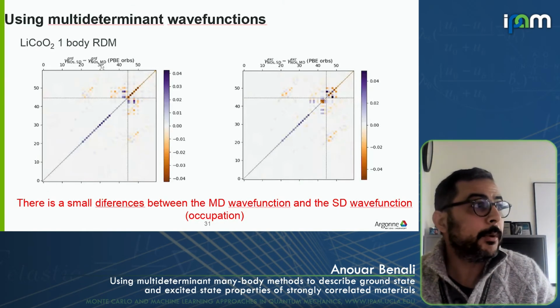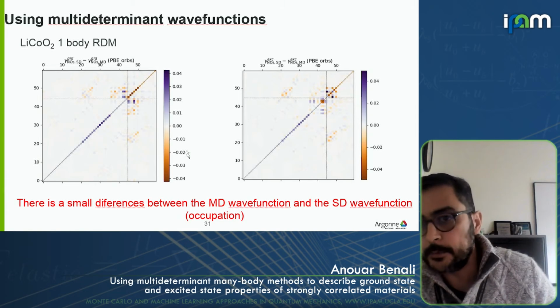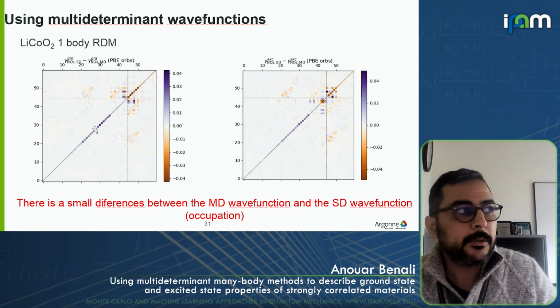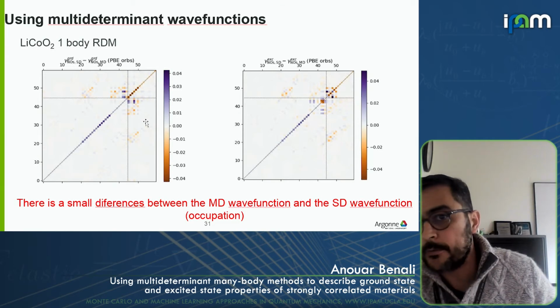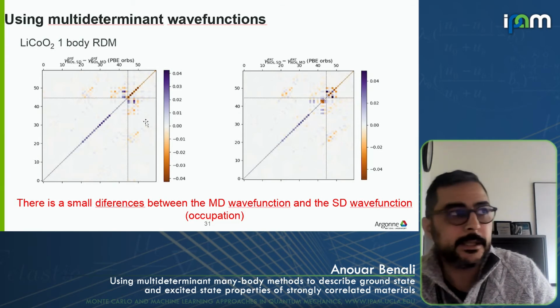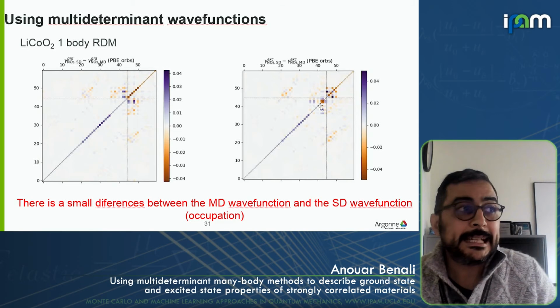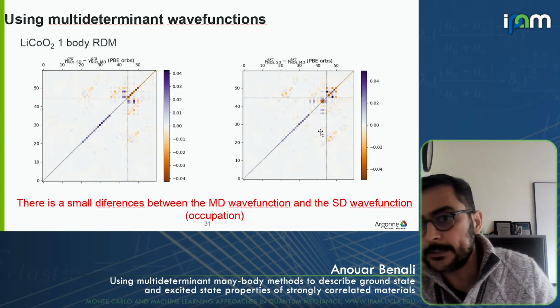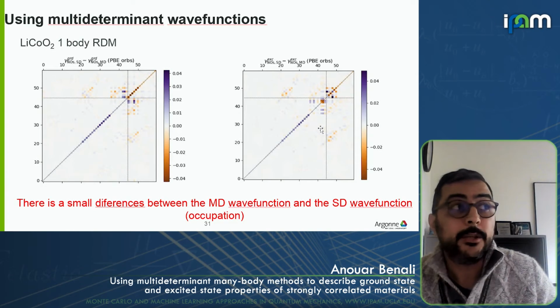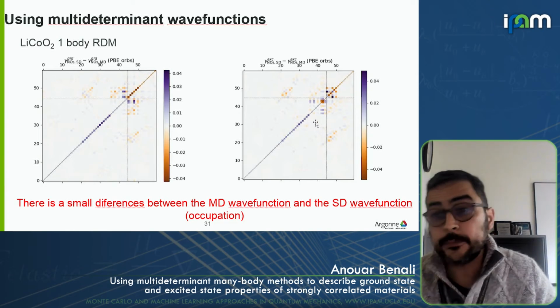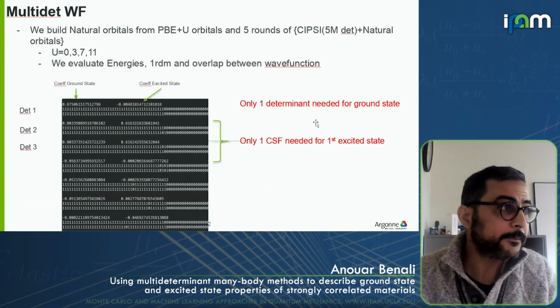Well, when I do the multi-determinants minus the single determinant for the ground states, yes, it touches a little bit here and it touches everywhere, but the scale is so small that it seems like doing multi-determinants does not affect the ground state, just like it was the case for the PBE orbitals. Now, exactly the same thing happens for the excited state, which was not the case with PBE orbitals, which tells me that maybe using natural orbitals is enough also for the excited state.